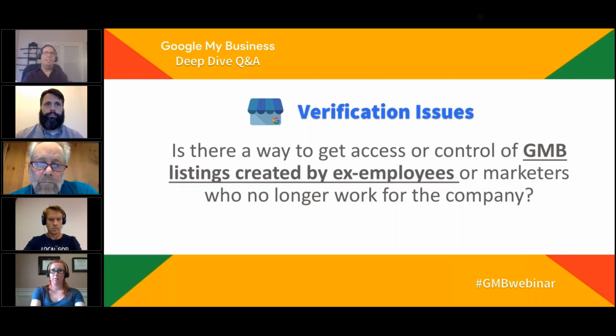Even if a marketing company is setting it up, they should still assign you with an email at your domain name as the primary owner. That way, any communications are going to come to you first, even if it's not your email address but an employee's. You'll always get control.